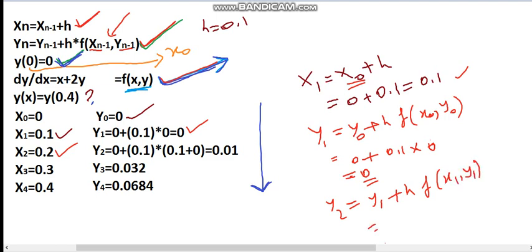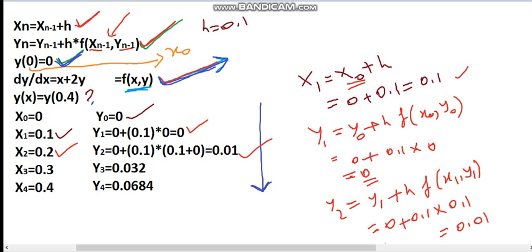So if you calculate this, you already know y1 is 0, plus 0.1 into f of x1, y1. x1 is 0.1 and y1 is 0. So x1 is 0.1 means you will be getting your x plus 2y becomes 0.1, right? Okay, so if we multiply these two, then you will get 0.01. So that's what we are getting here.